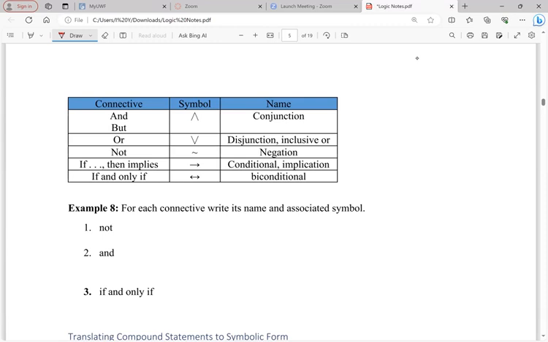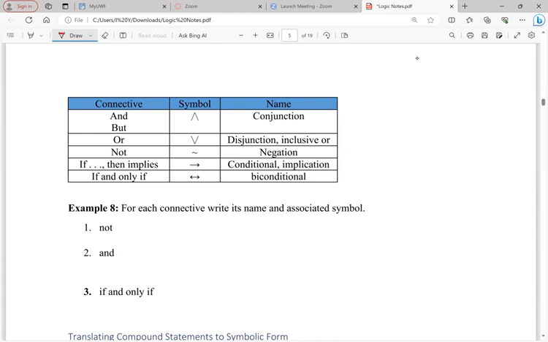Here are all our symbols. We have and, but, which is the upside down V looking thing, a conjunction; or, which is V looking, a disjunction or inclusive or; the tilde for negation; if then, implies, conditional, implication; and if and only if, biconditional.